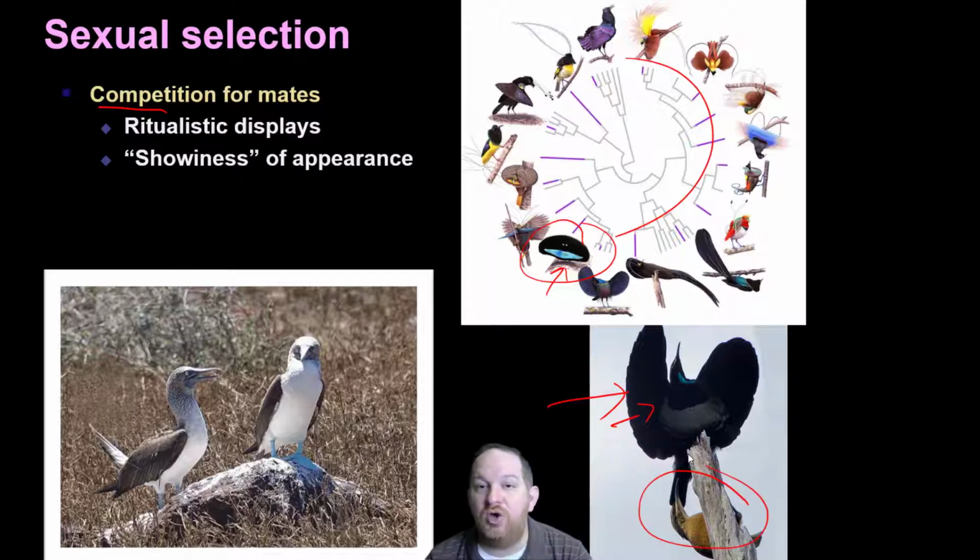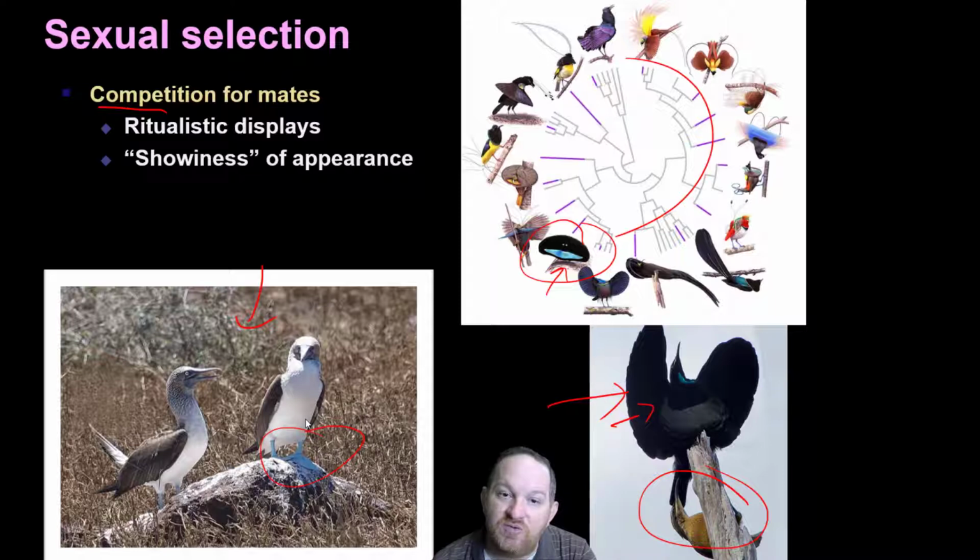They go through these ritualistic displays, showing off all their feathers and trying to show the female, hey, look at me, come, let's mate. It's all about sexual selection. And over time, what we found is the females started to prefer and mate with the ones that had these elaborate displays.